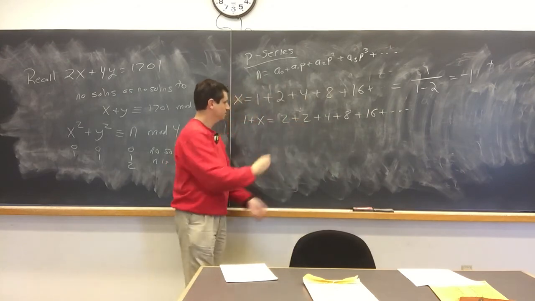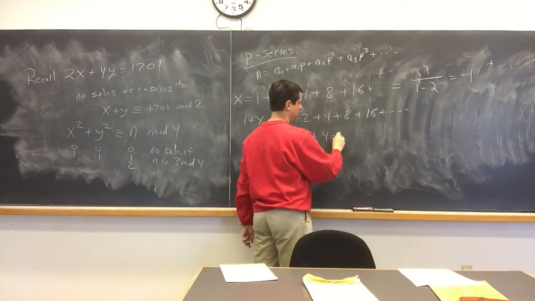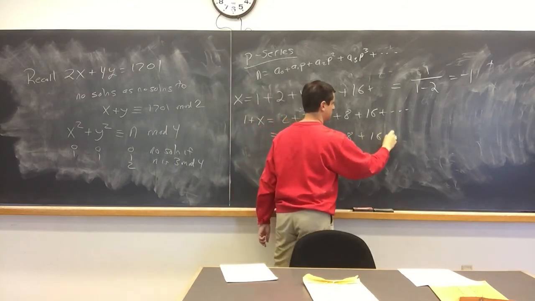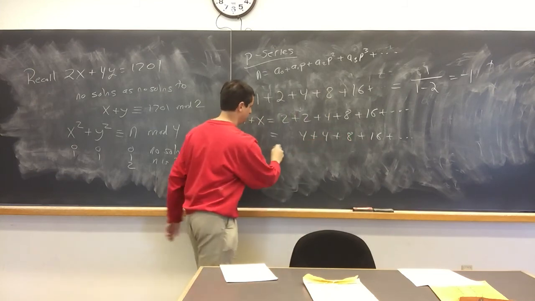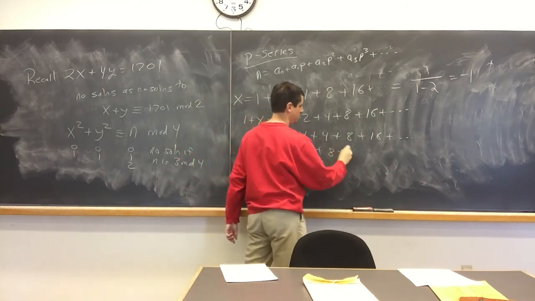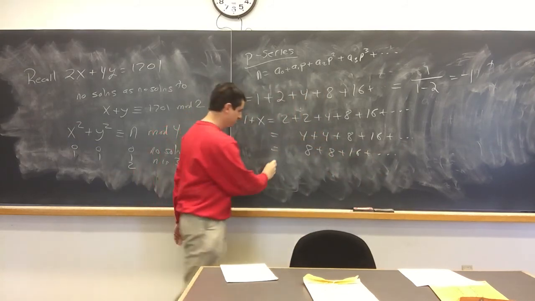What's 2 plus 2? 4 plus 4 plus 8 plus 16. 4 plus 4 is 8. So you get 8 plus 8 plus 16. 8 plus 8 is 16.